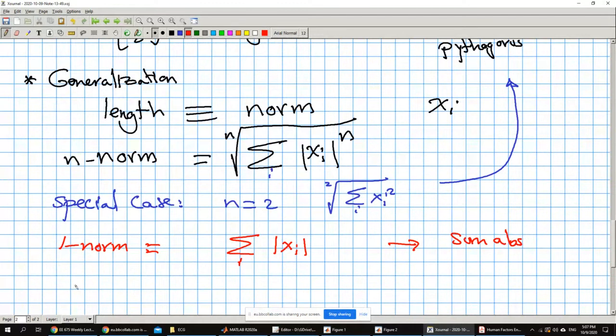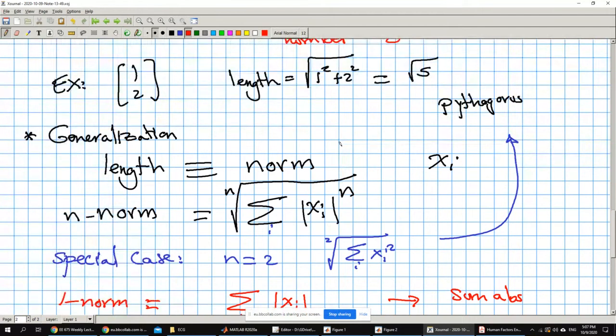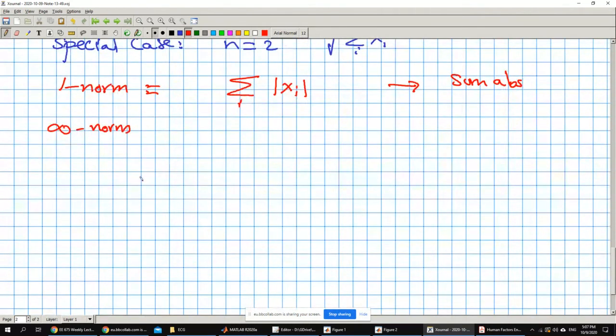Okay, sometimes you hear about something called the infinity norm. Basically, the infinity norm by definition is, if you use this equation, if you have elements here raised to a very large power. Imagine that you have two elements, one equal to 1 and one equal to 2, the exact same vector that we were talking about here. You have a vector that looks like this, 1 and 2.